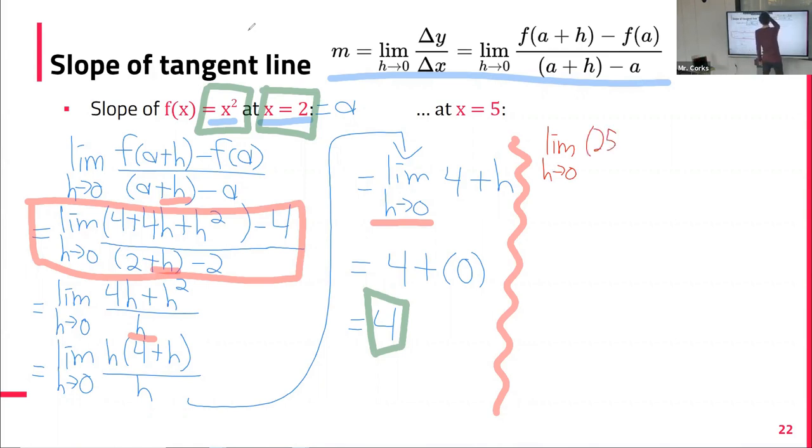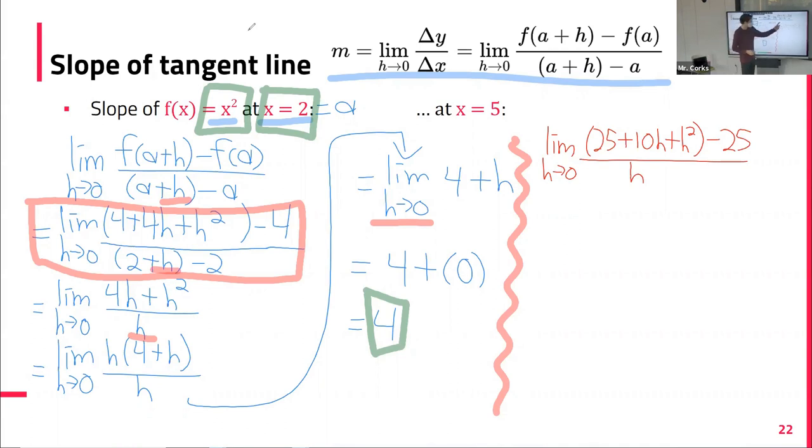25 plus 10h plus h squared, minus 25. And on the bottom, I'll leave out the 2 and the 2, or the 5 and the 5. Let's just write h. So every time the bottom will just cancel out to only h.